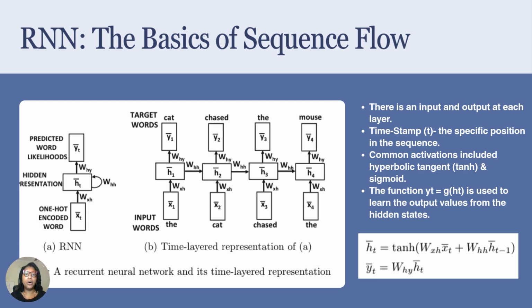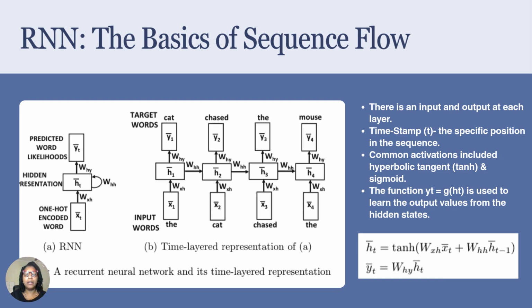Some things to note about recurrent neural networks is for each timestamp, there is an input and an output. And a timestamp is basically the specific position within the sequence. So if we look at figure B, timestamps are vertical. So our first timestamp would be x sub 1, h sub 1, y sub 1, and those weights that are associated with each of those input layers and the target word or output layer.